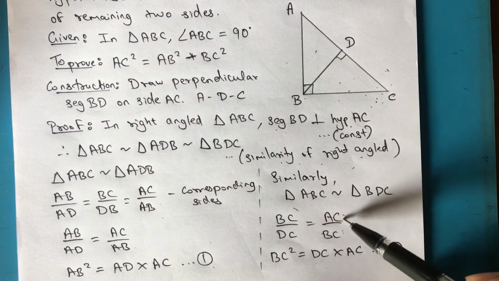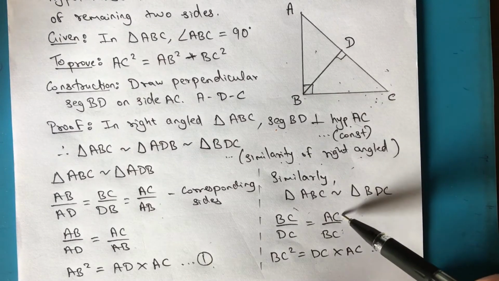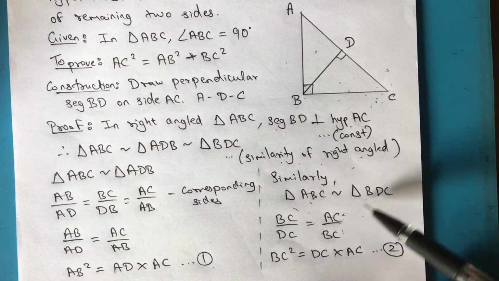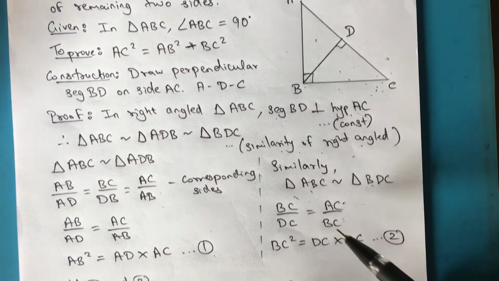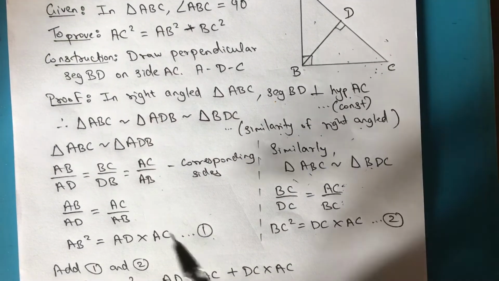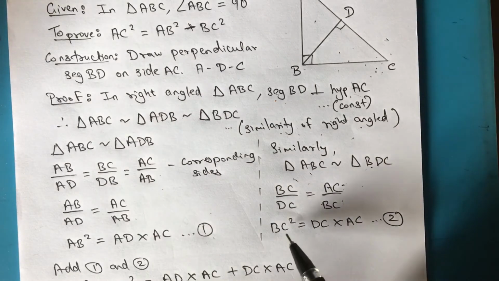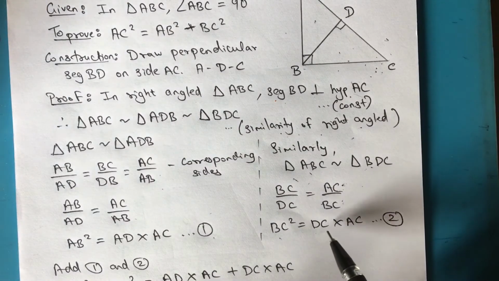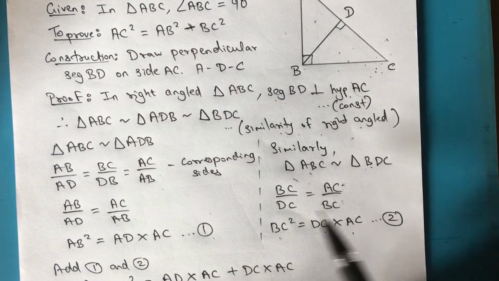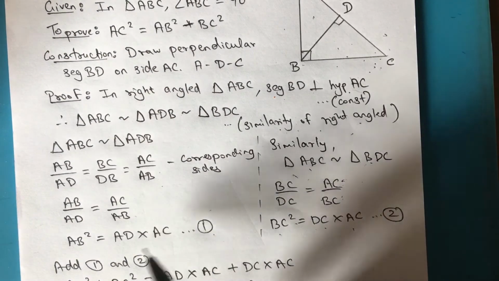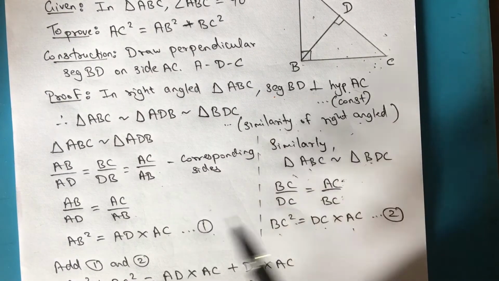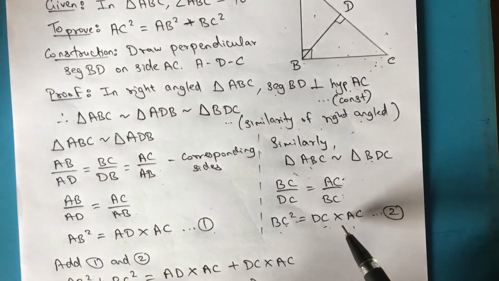These both are hypotenuses of the respective triangles. AC is the hypotenuse for ABC and BC is the hypotenuse for BDC. So again we will cross multiply as we did here, and we will get BC square is equal to DC into AC. Now we have got these two: AB square is AD into AC and BC square is DC into AC.